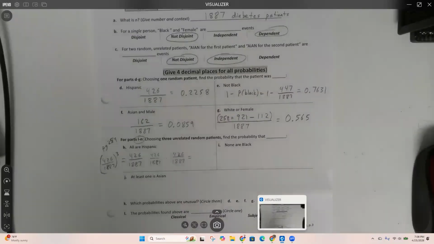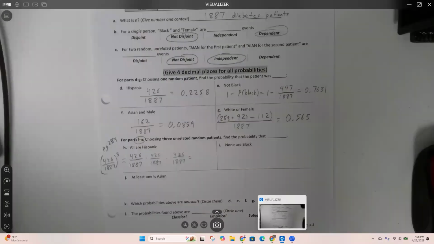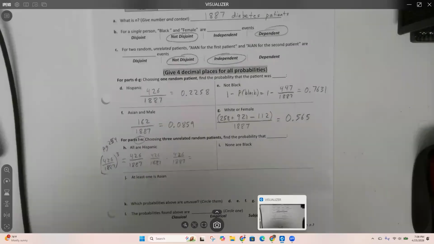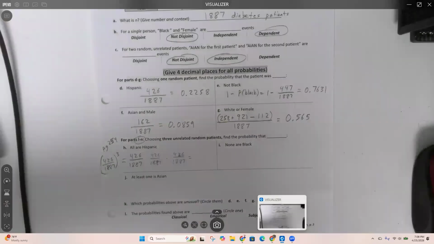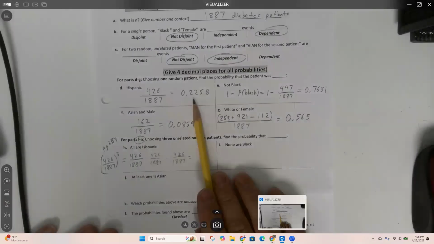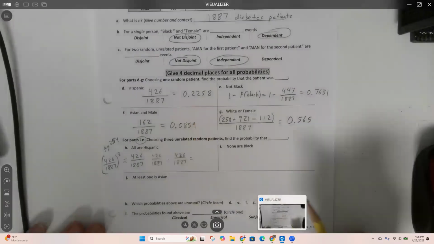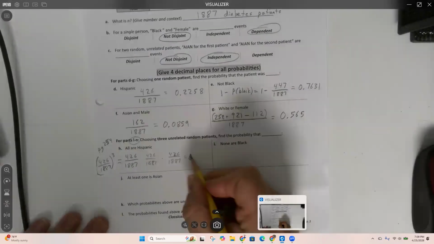So I would do it this way. See, and actually, we calculated the probability of Hispanic earlier, so you could just cube this if you wanted to. 0 point what?